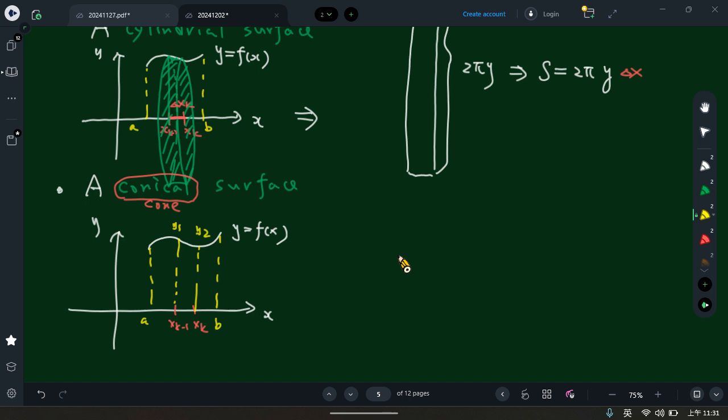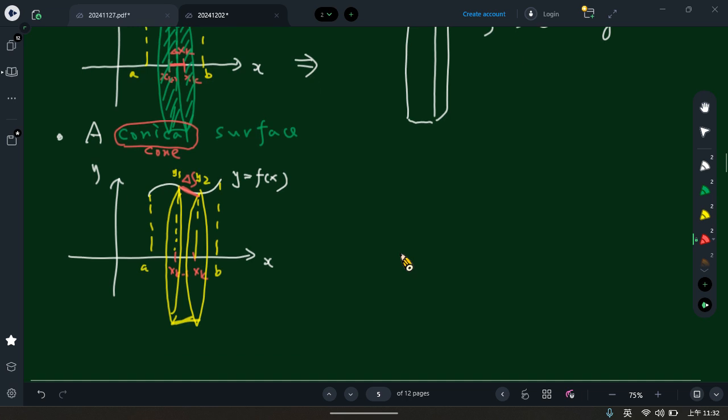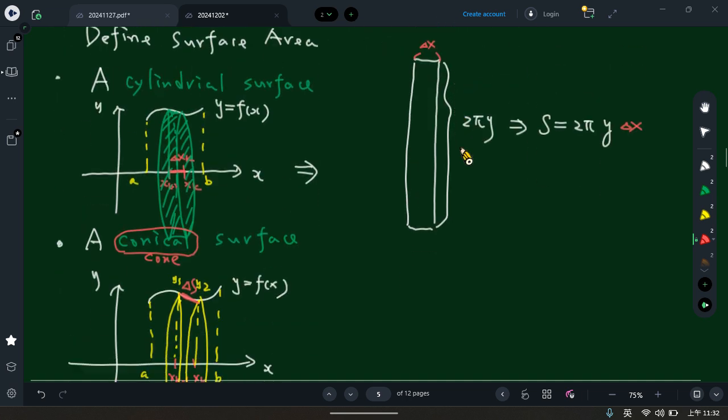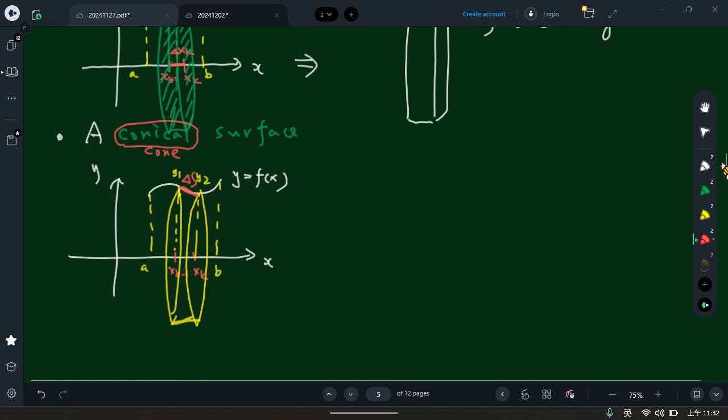Again, we revolve it, but the difference is we use delta s as its rough width, and we also take the average, y star, as the average of y1 and y2.